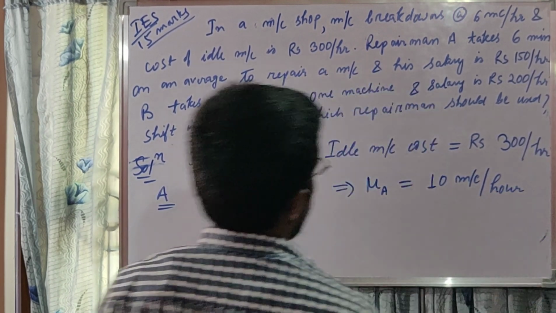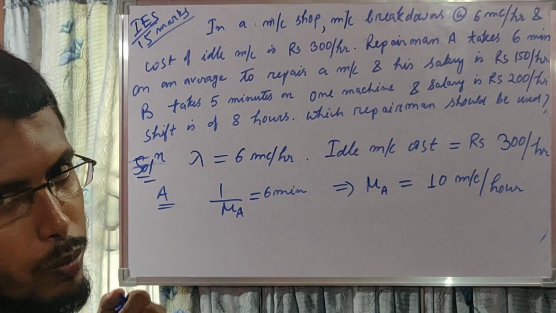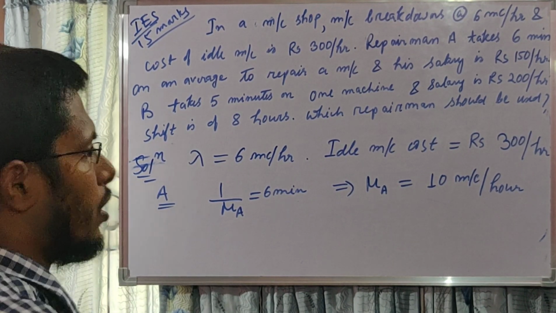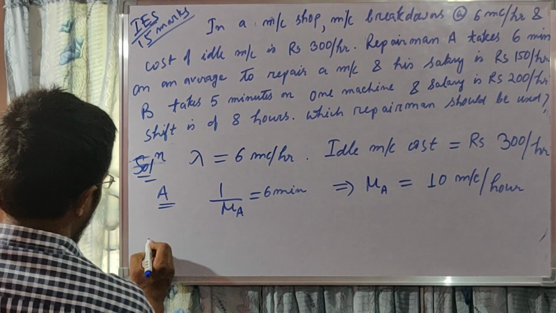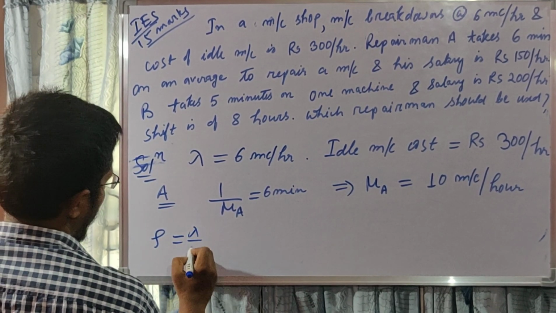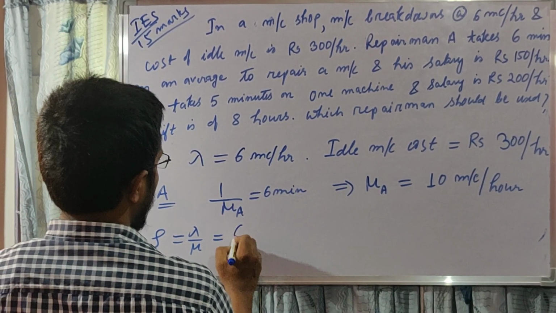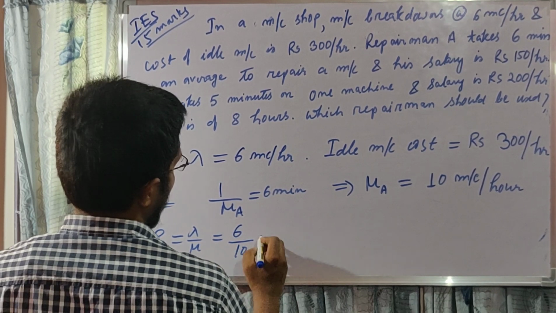So we can repair 10 machines per hour: 60 minutes divided by 6 minutes. Okay, so what is the system utilization? System utilization is lambda upon mu, where lambda is 6 and mu is 10.